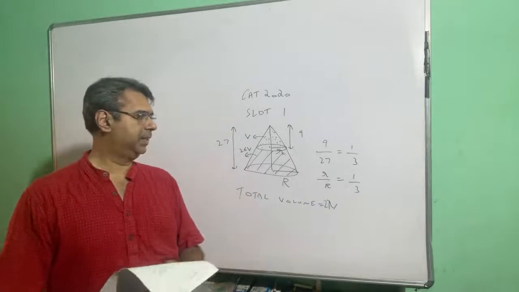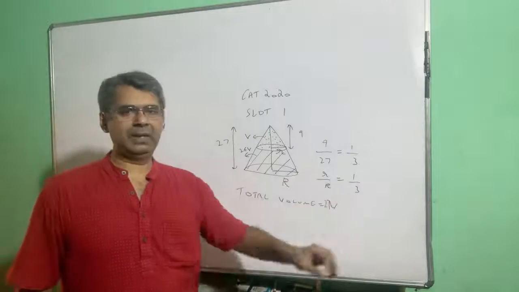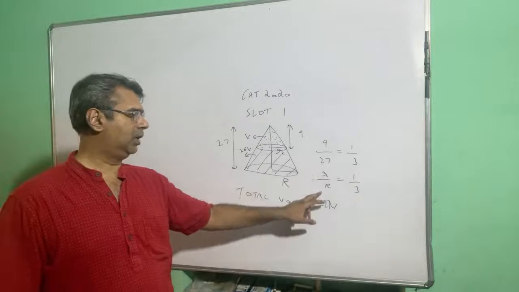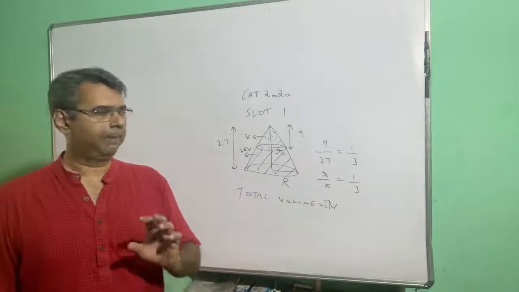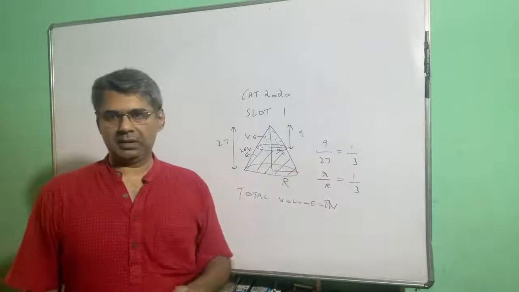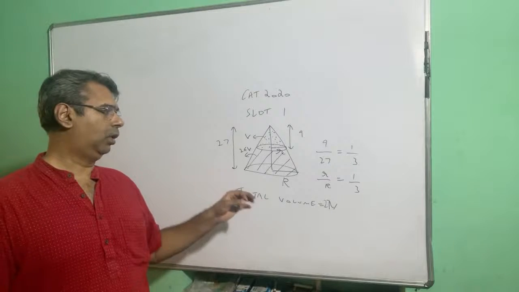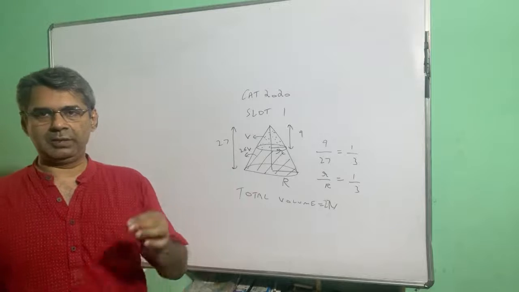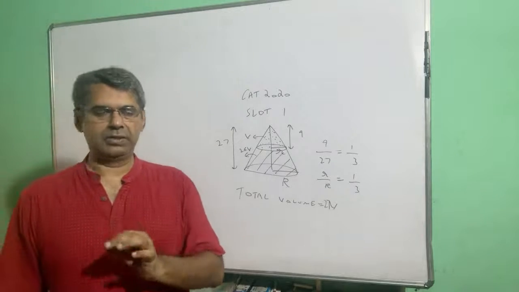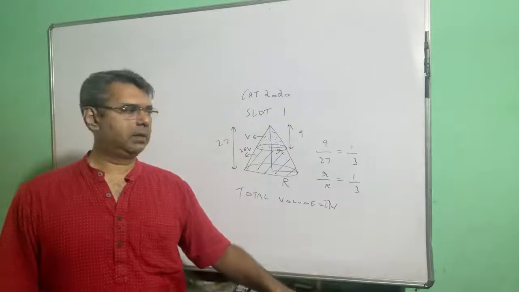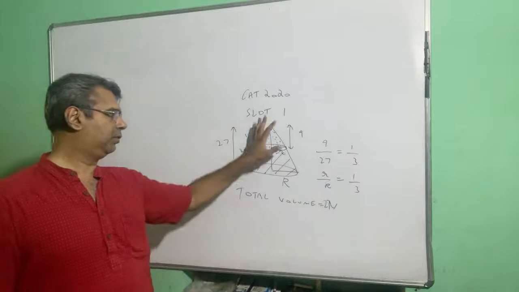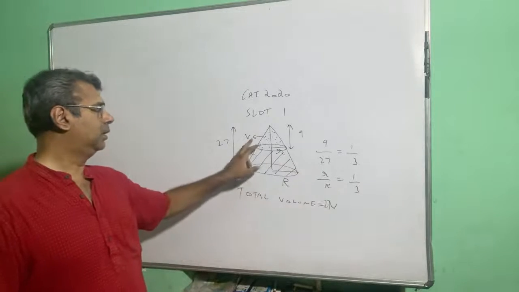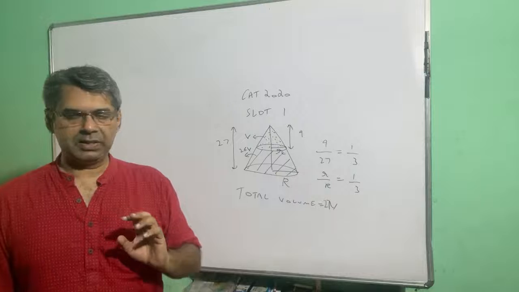I'll repeat again. The ratio of smaller and bigger radius is 1/3, so the ratio of the squares is 1/9, and the ratio of heights is 1/3. So the ratio of the volumes will be 1/9 into 1/3, that is 1/27. If the full volume is 27V, the top will be V and the bottom will be 26V.